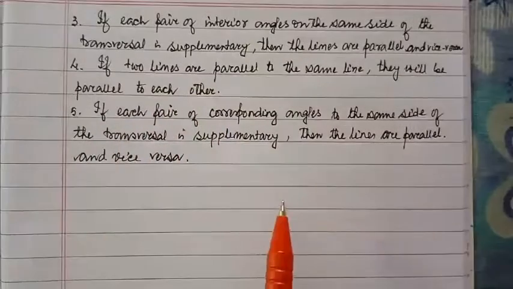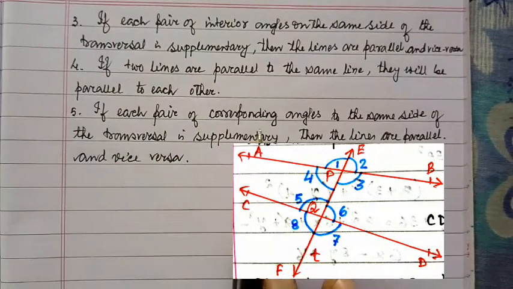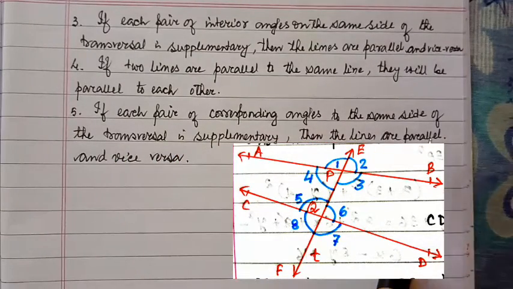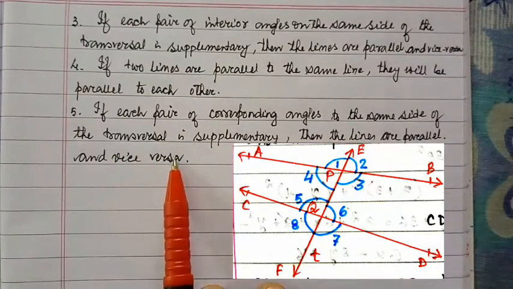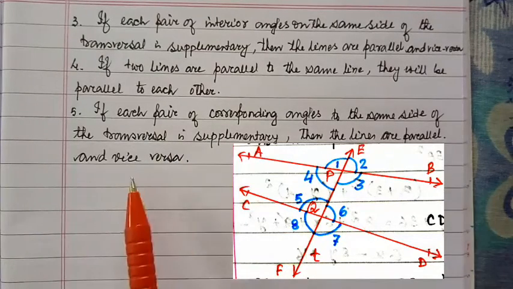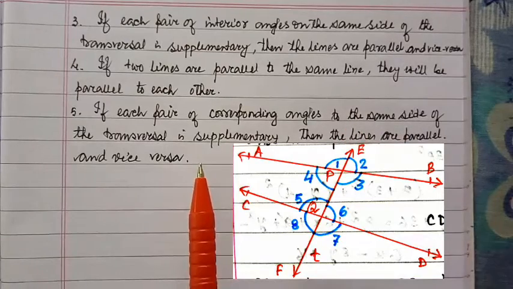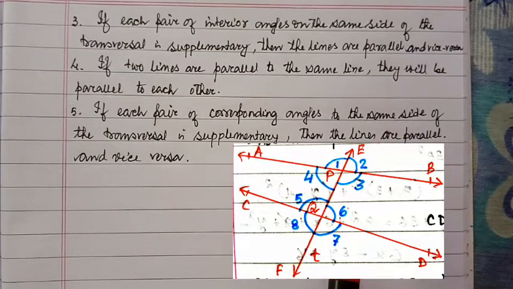Next, the fifth criteria. If each pair of corresponding angles on the same side of the transversal is supplementary, then the lines are parallel and vice versa. Now let us explain this. What does it mean?